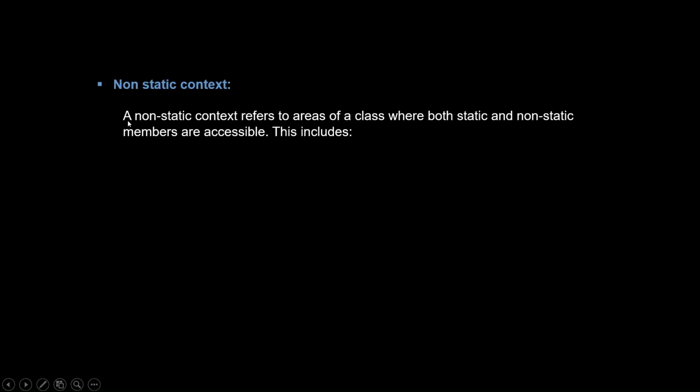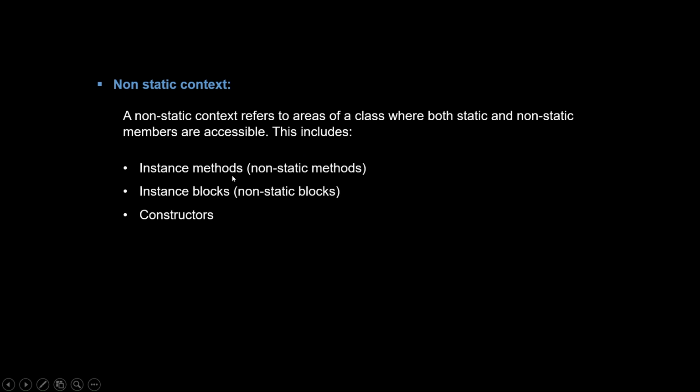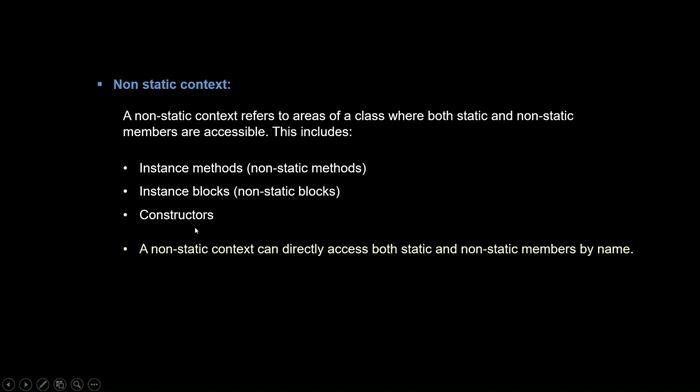So next one is a non-static context. A non-static context refers to the area of a class where both static and non-static members are accessible. That is the beauty of non-static context. This includes instance method, instance block, and constructor. An instance method is also called a non-static method.